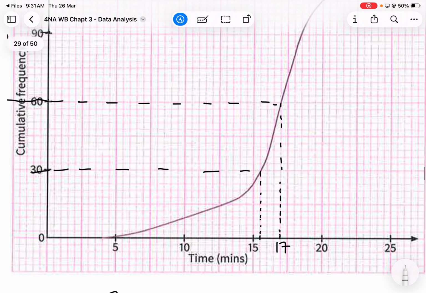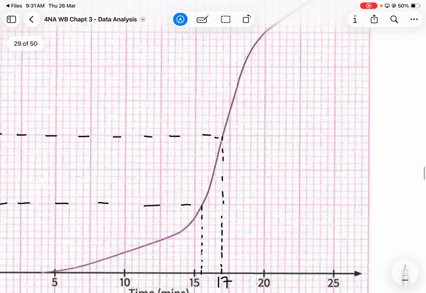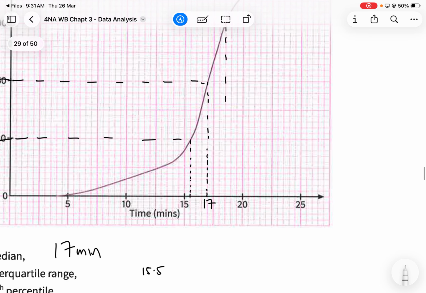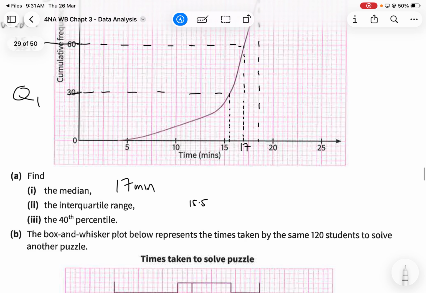Q3 is at 90 here, 18.5. So the interquartile range is 18.5 minus 15.5 equals 3.